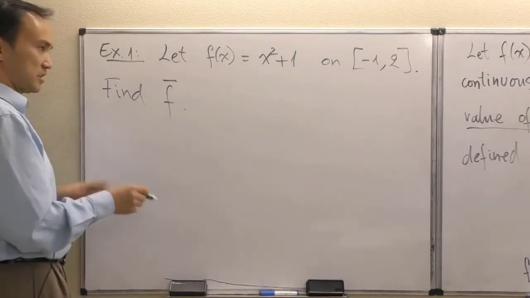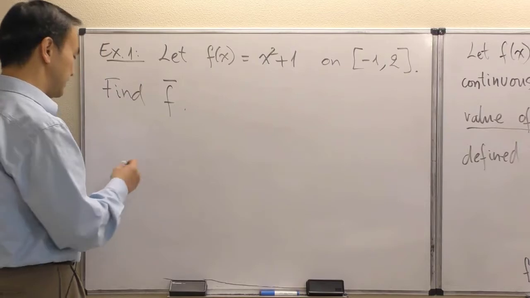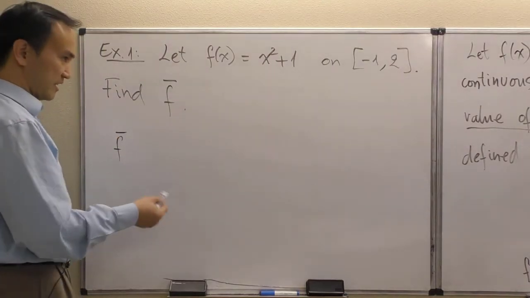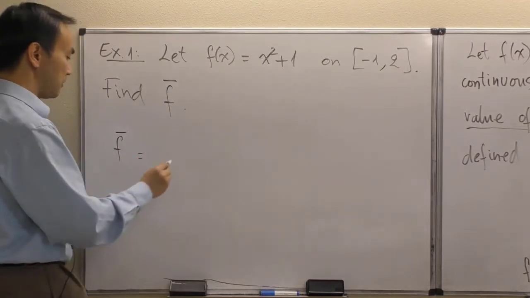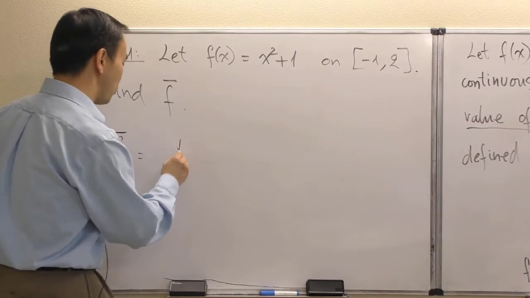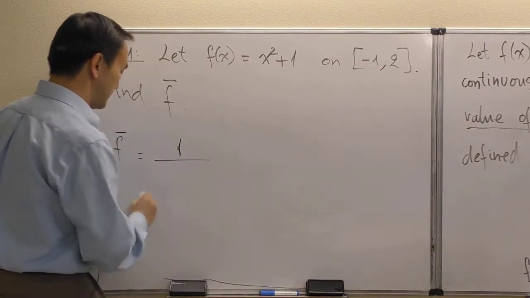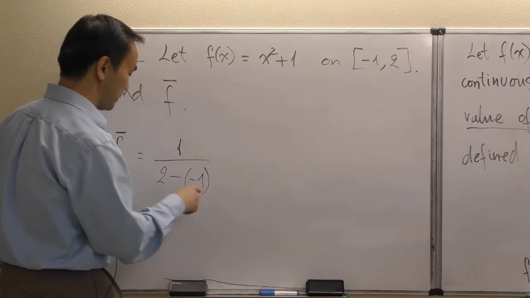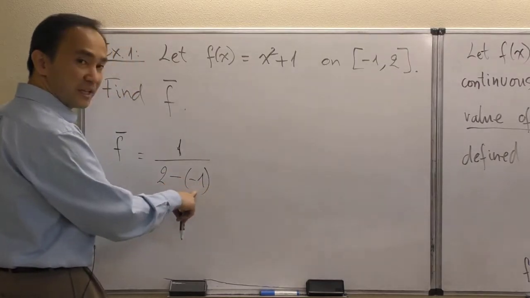So now a very straightforward and direct example. F bar can be found according to what we have seen earlier, and I just had it on the board. Our interval here is from -1 to 2, so I'm setting up a fraction 1 over 2 minus -1, the ending point minus the beginning point of our interval.